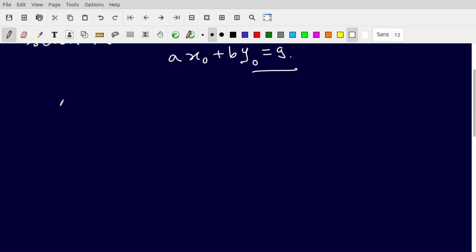So we are going to develop a method, and that method is called the Euclidean algorithm.